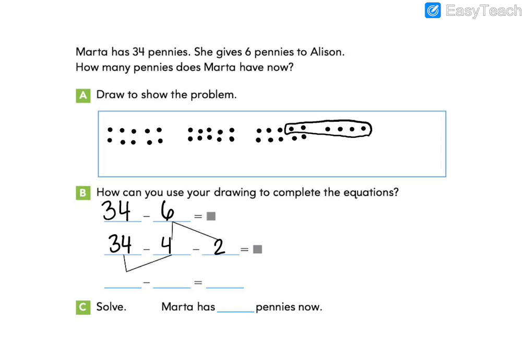So if I have 34 minus 4, that gets me to my 3 tens, or 30. Then I'll take away my remaining 2. 30 minus 2 is equal to 28. So Marta has how many pennies now? 28 pennies.